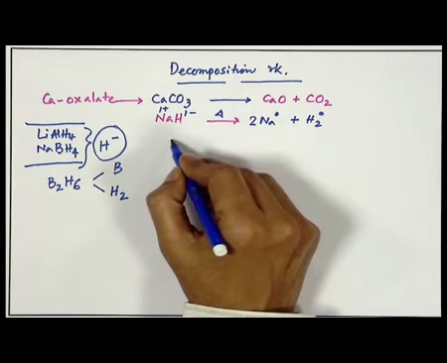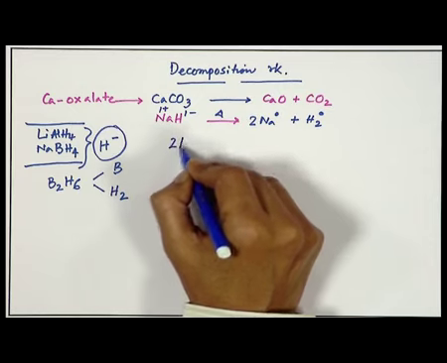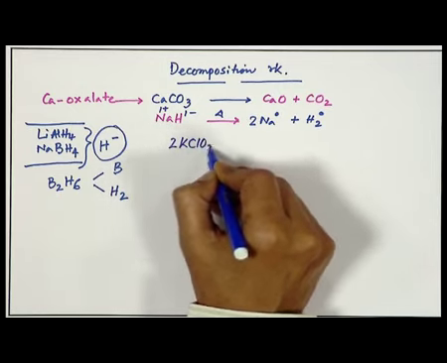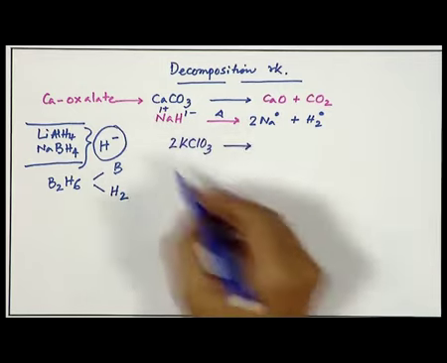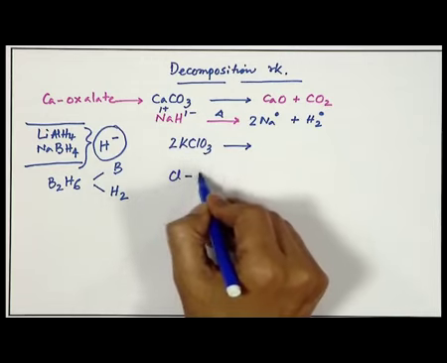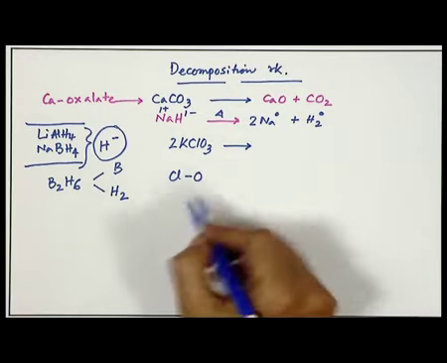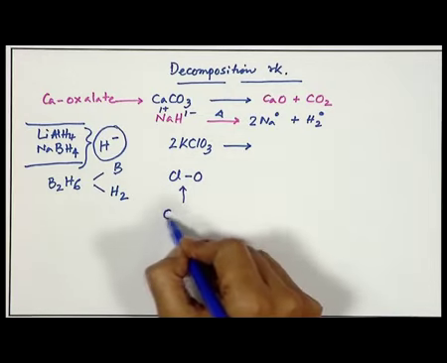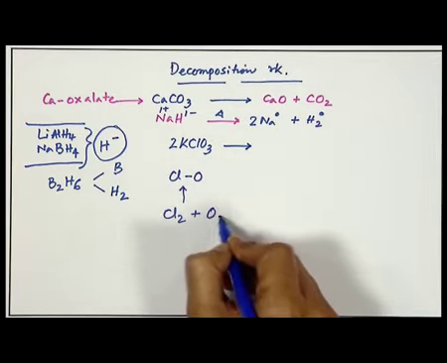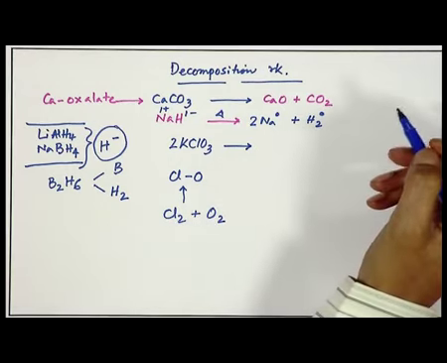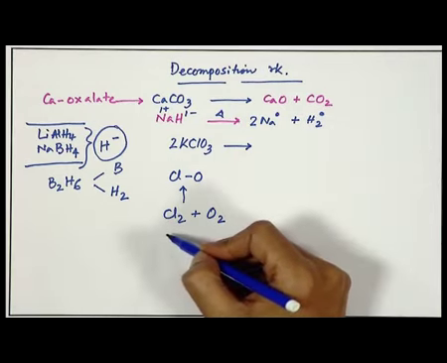And another interesting example of this is the corresponding decomposition of calcium chlorate, because these are compounds where we can have one or more chlorine oxygen bonds. So, these are also very important in terms of the formation of Cl2 with O2 in the chemistry of halogens or the chemistry of these chlorides.